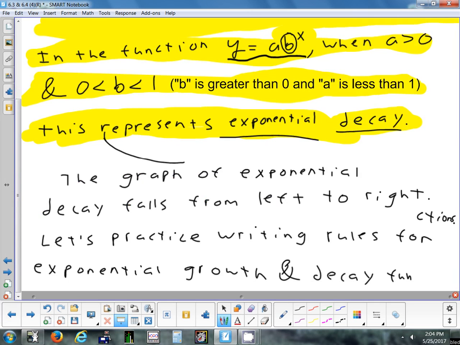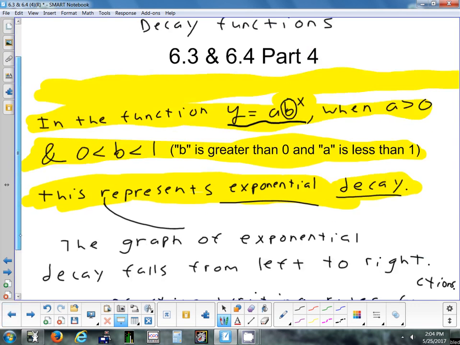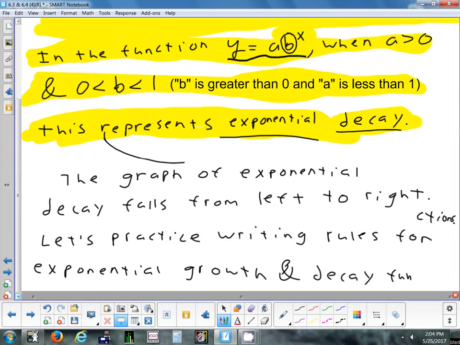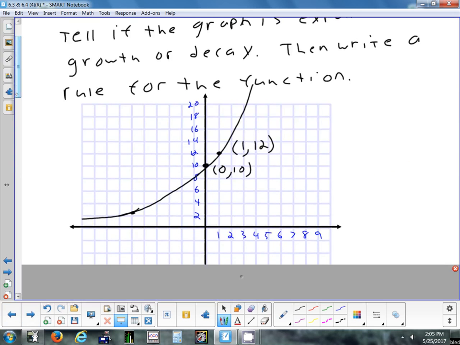All right, so what we're going to do is write a formula for something that's growing or decaying, but we're going to do it a little differently. I'm going to give you a picture. Does everybody already have example 1 printed on their notes? Okay, so we're going to go through the steps.